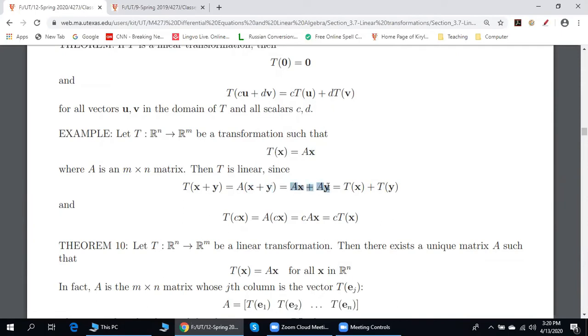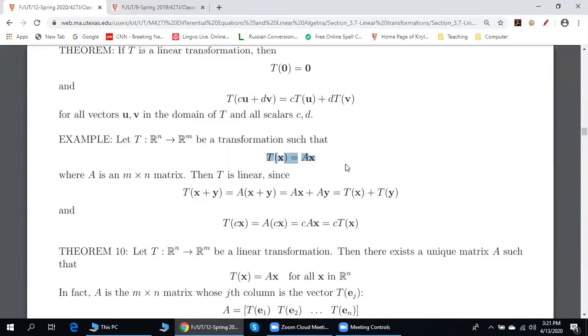We can expand parentheses, and then Ax is T of x and Ay is T of y. Similarly, we show that this transformation satisfies property number 2. So conclusion, if we consider a transformation from Rn to Rm, which is given by this formula, it is linear.